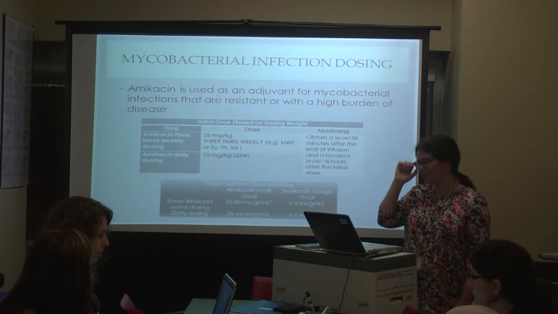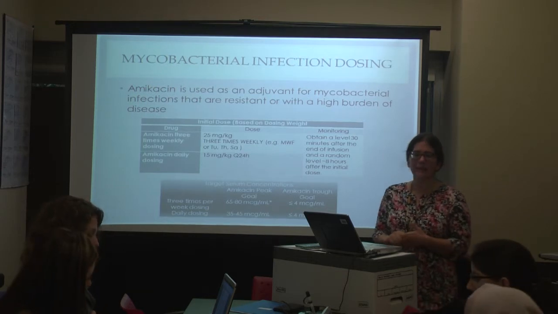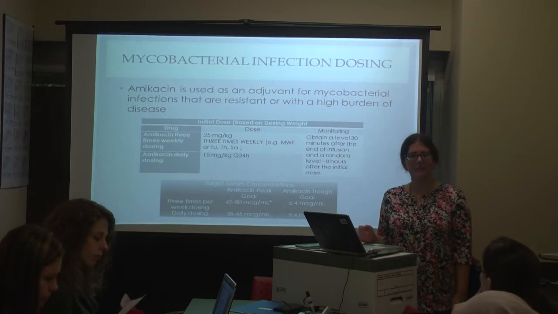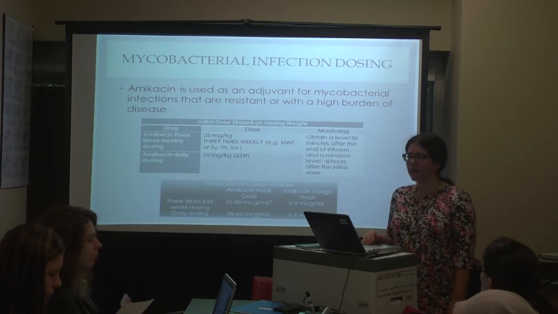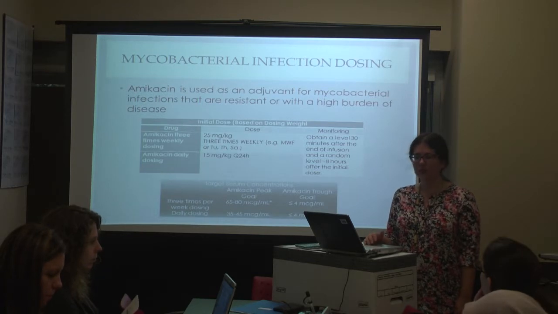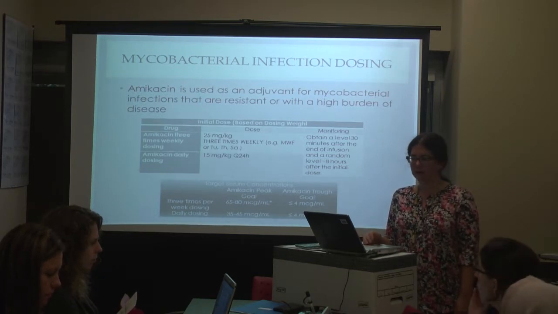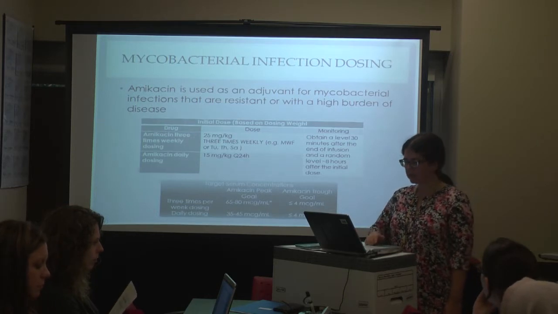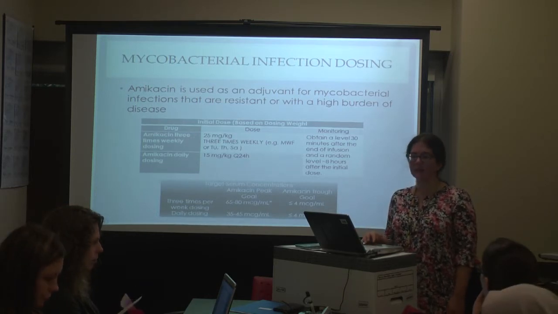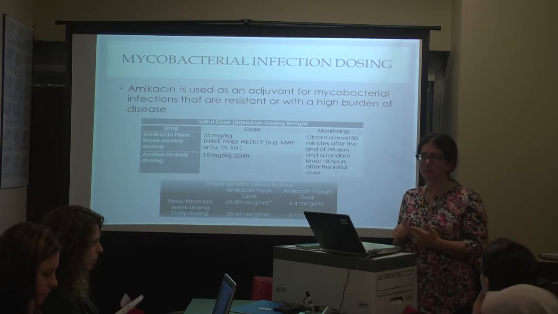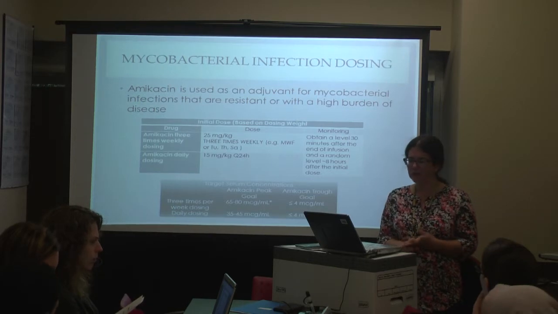And then mycobacterial infection dosing, so this is a new section being added to the adult and the pediatric protocols. And in these patients, amikacin is the preferred agent, and it's used in combination with other agents when patients have mycobacterial infection that is resistant to other antibiotics, or when there's a high burden of the disease, and they may be using multiple agents. So amikacin is the preferred agent, so they really shouldn't be using tobramycin or gentamicin for mycobacterial infections.